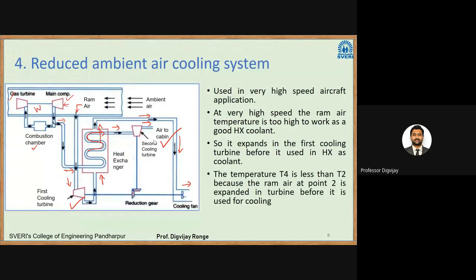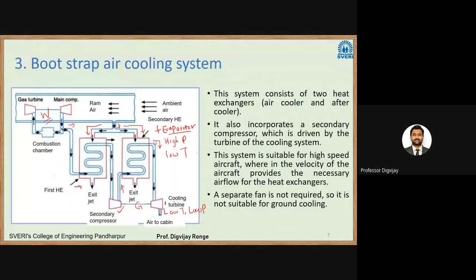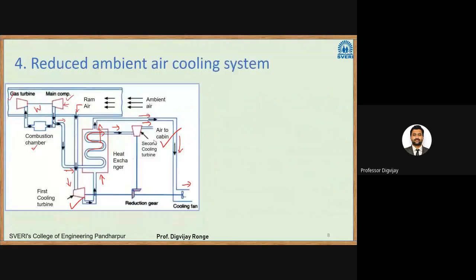What is special about the reduced ambient air cooling system is that they are using two cooling turbines. What is special about the bootstrap system is that they are using two compressors and two heat exchangers.